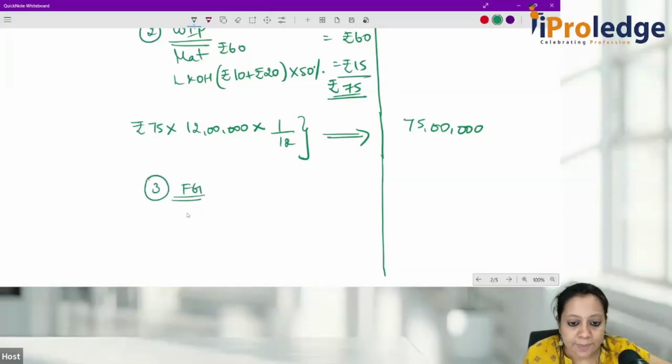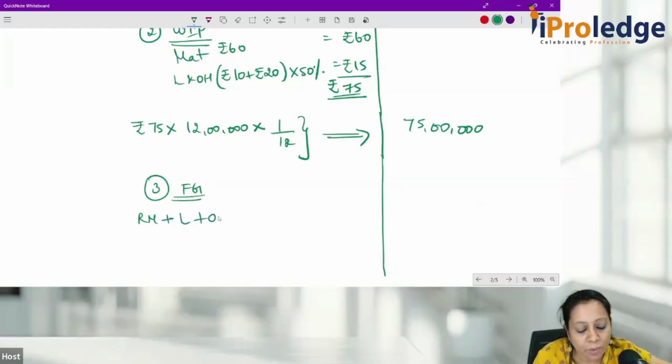Now we will do FG. FG, see, finished goods means full labor and overheads, everything should have been incurred. So this 50% business was only for WIP. Work is still in progress only. Wages and overheads will be delayed. If it is over, wages and overheads have to be paid. It will be incurred. So for making finished goods, what all do I need? Raw material I need. Then I need labor and overheads.